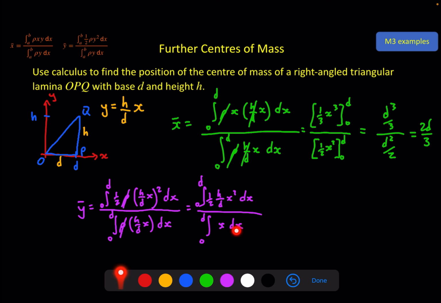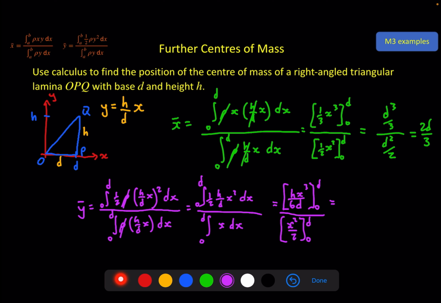So the denominator is the same, that's going to give us d squared over 2. The numerator is different. So that will give us hx cubed over 6d, 0 to d, over x squared over 2, 0 to d.